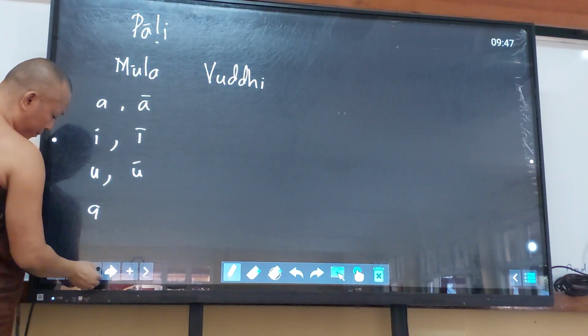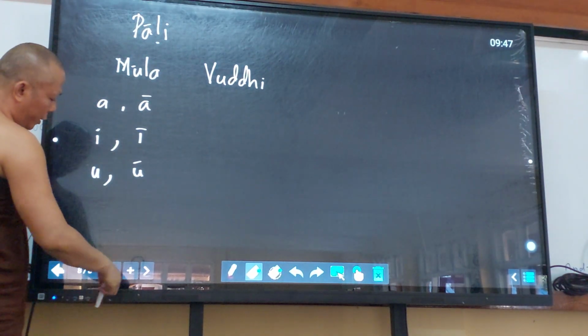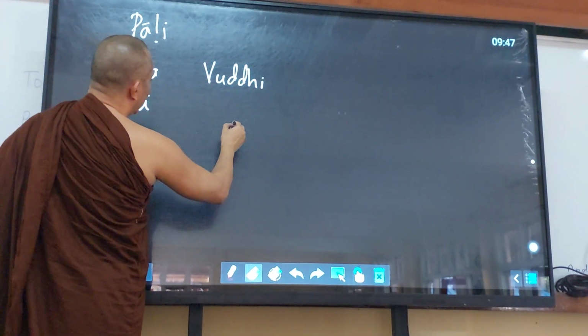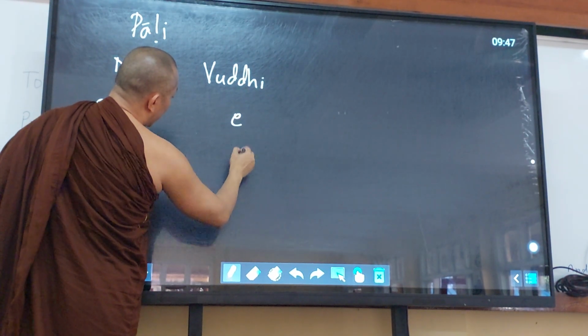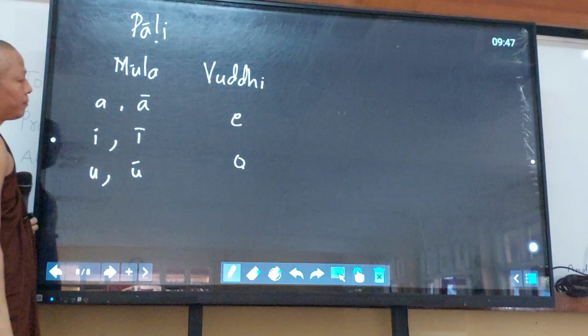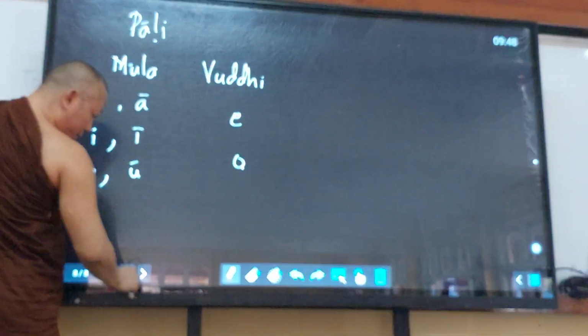And the e and o are also counted as mula sara in Pali, but actually they can be understood as vuddhi. But at that time, the a has no vuddhi vowel.